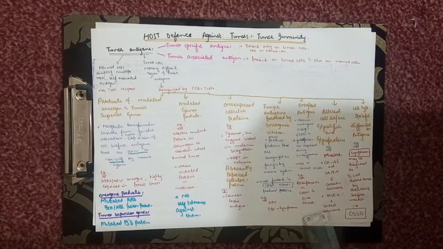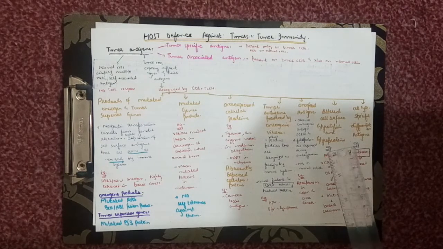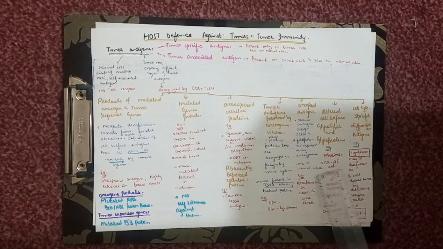and liver cancer. Then comes altered cell surface glycolipids and glycoproteins. Mucins are most important in it. For example, CA125 and CA199 expressed on ovarian carcinomas, and MUC1 expressed in breast carcinoma. What is this MUC1?